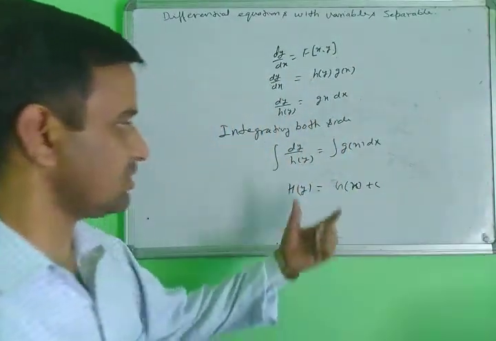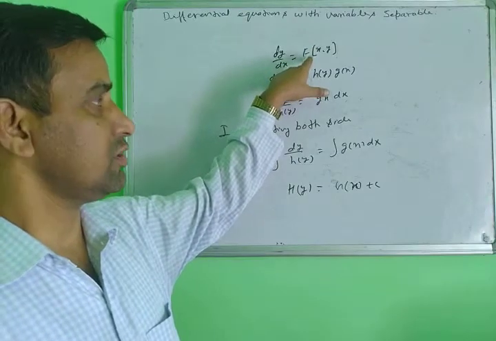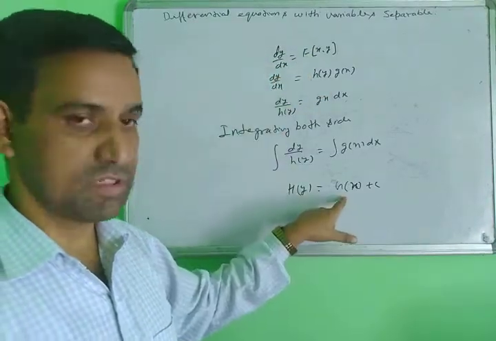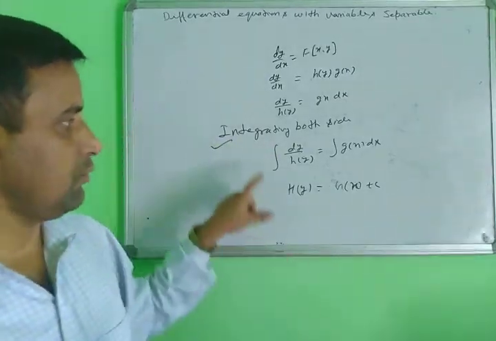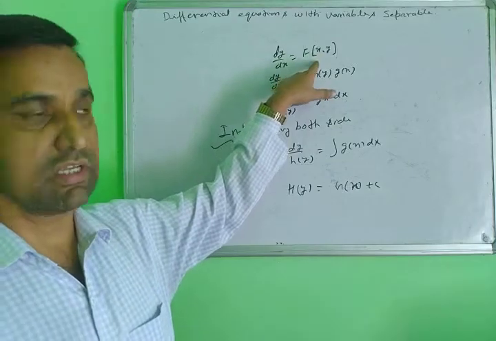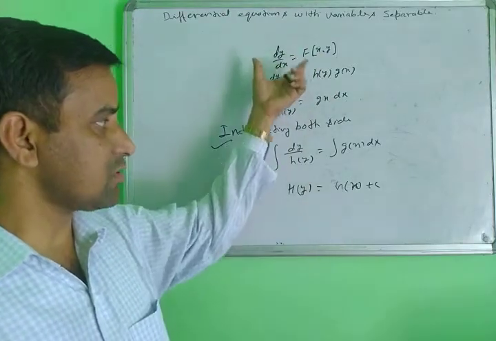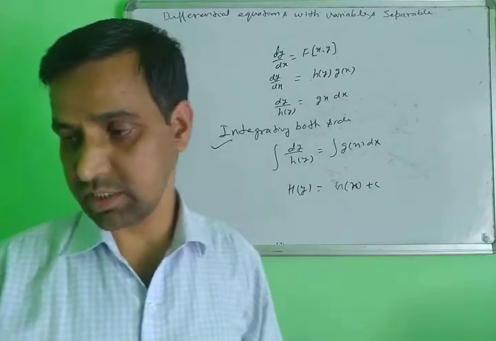So this is the final solution of the given first order first degree differential equation. How do we find it? With the help of integration, you will find the solution of the given differential equations, and every equation you will solve in this way. Yes, note it down, then we will start the exercise.